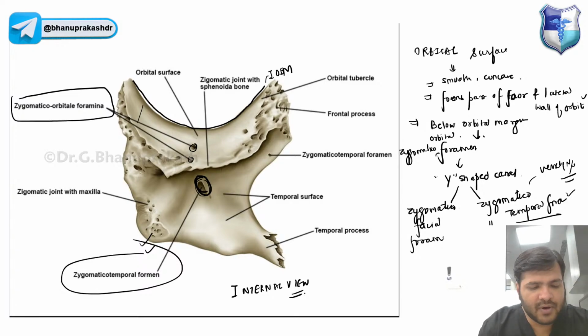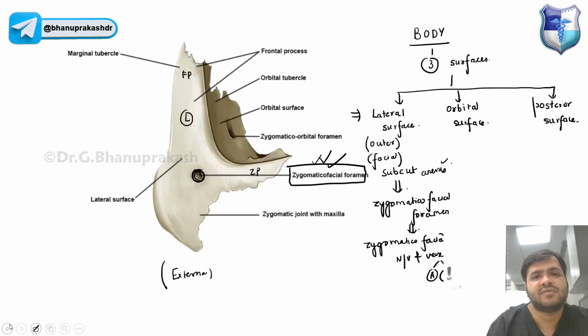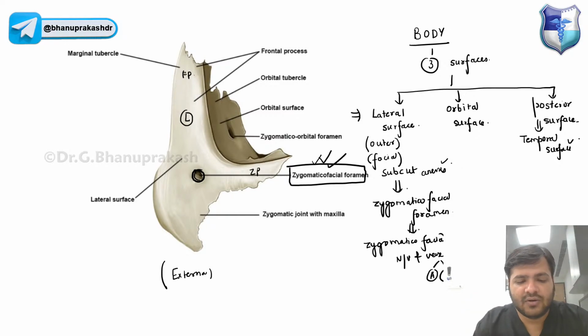Now, if we talk about the posterior surface, guys, or I can simply say the temporal surface. The posterior surface is also called the temporal surface. Remember, it is rough. The anterior part is smooth and concave, more posteriorly.